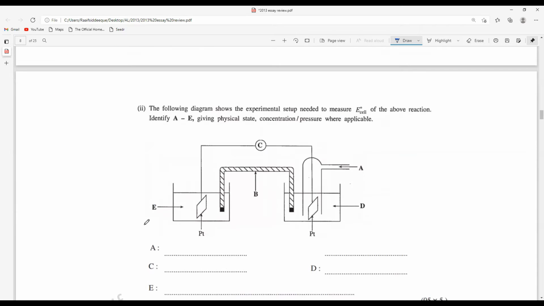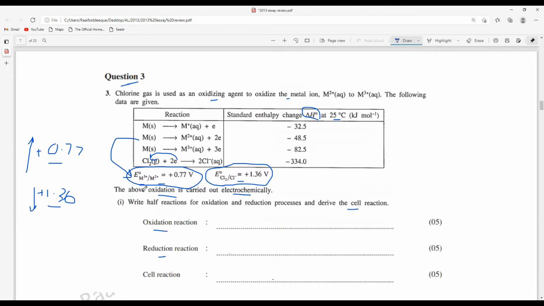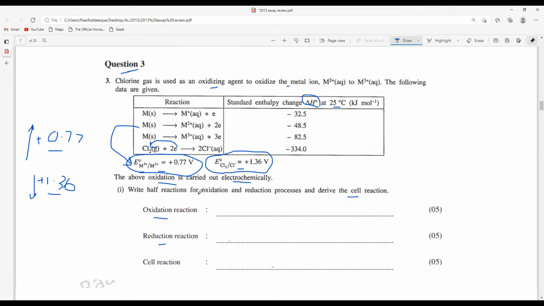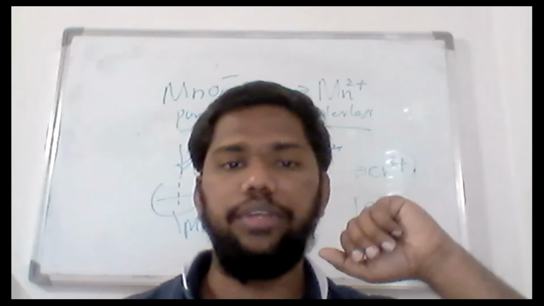This is what the cell looks like. Here, these are two aqueous cations that are going to react. Our oxidation reaction is M2+ forming M3+ and one electron. I will stop sharing the screen and use the board to explain all this.